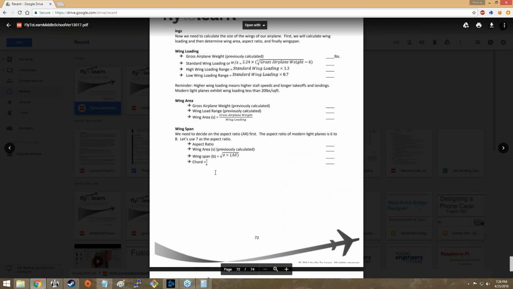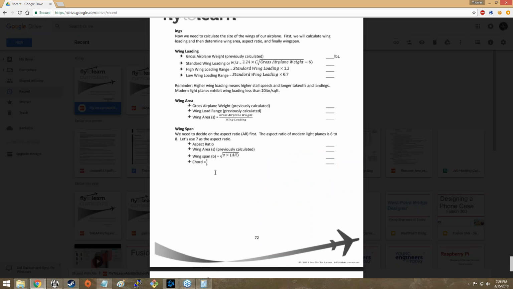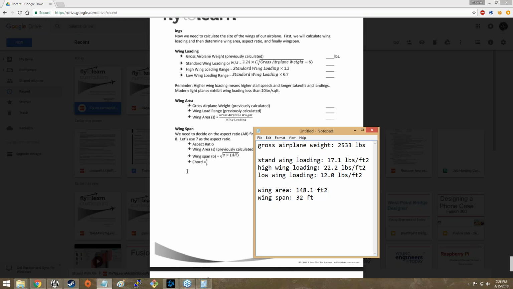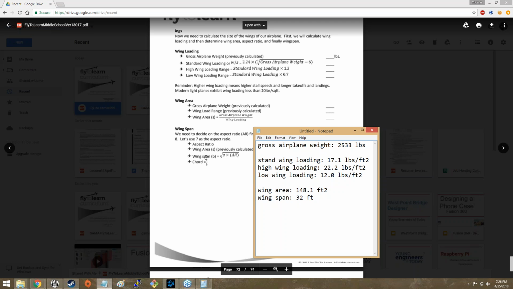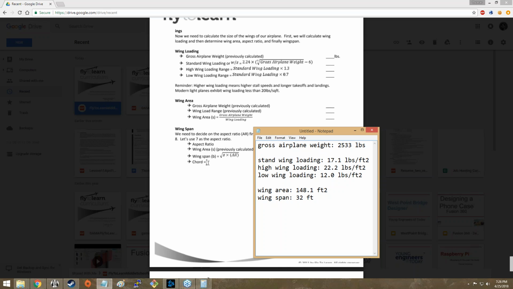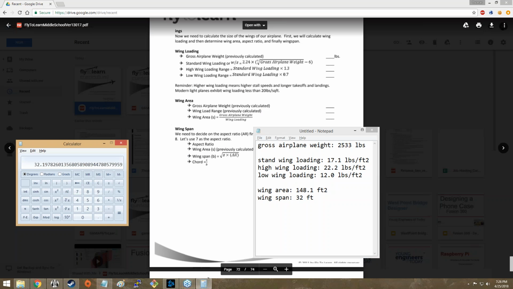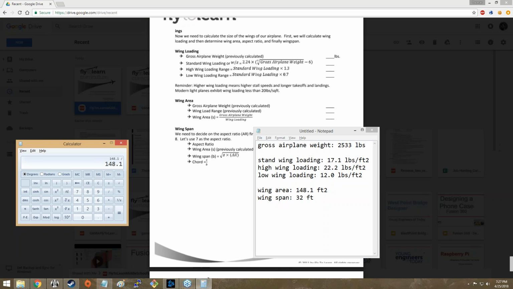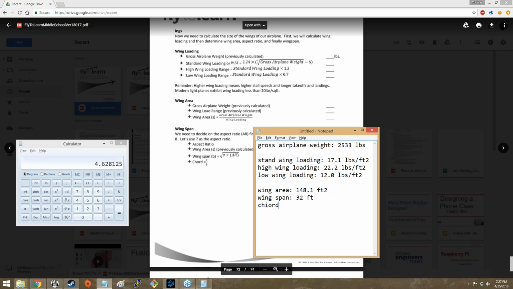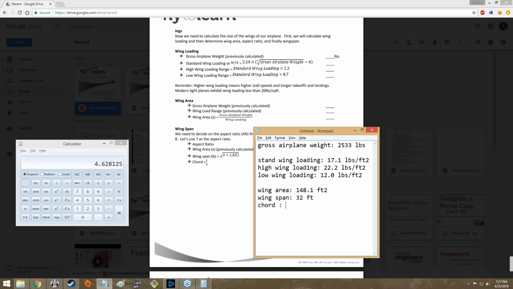Now the chord, which is the width of the wing, is going to be the wing area divided by the wingspan. So let's go ahead and calculate that. 148.1 divided by 32. Our chord, if I spell it correctly, is going to be 4 feet.